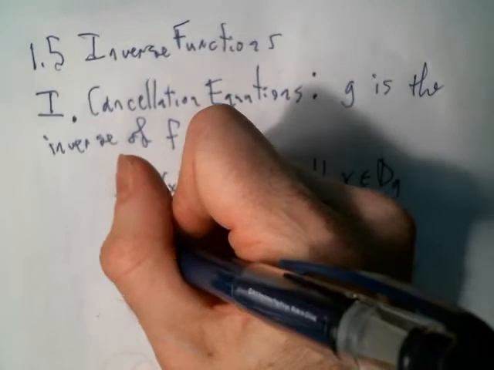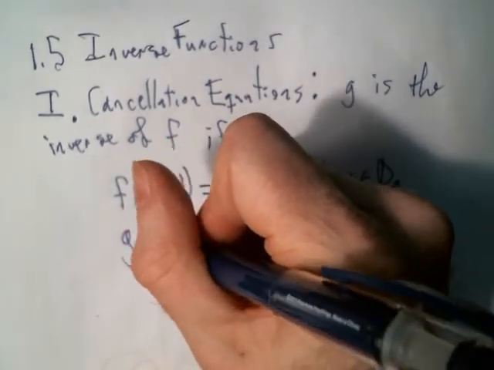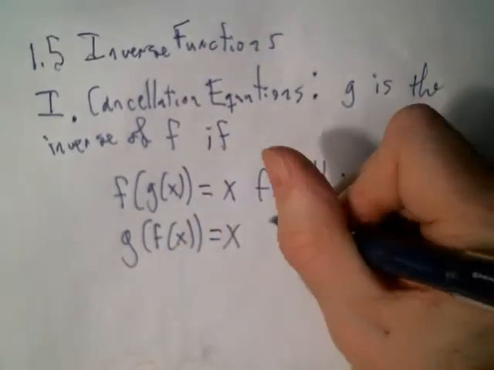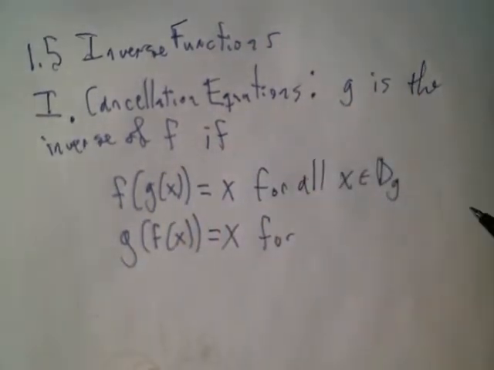And then if you put f of x inside of g, g of f of x, you also end up with x for all x in the domain of f.